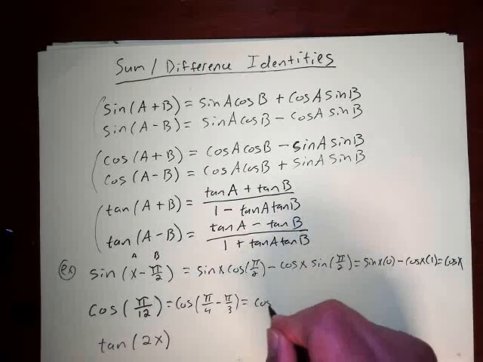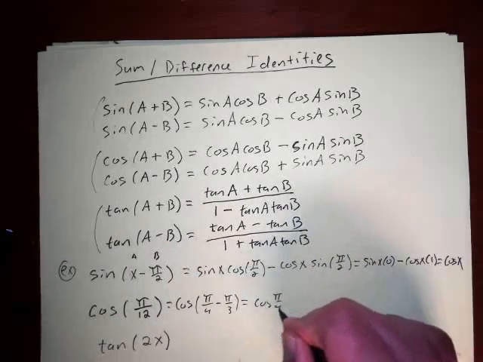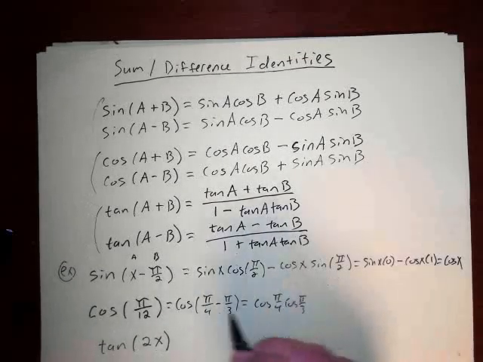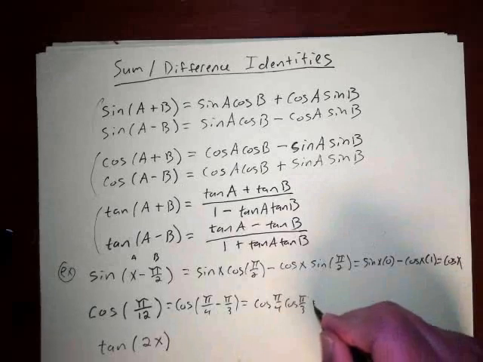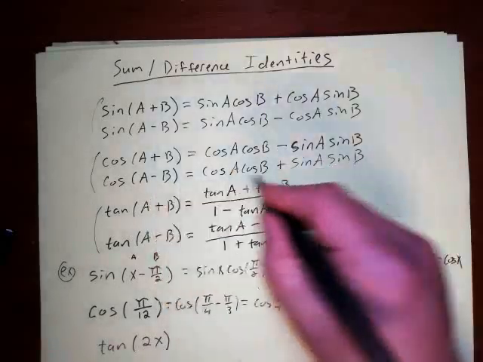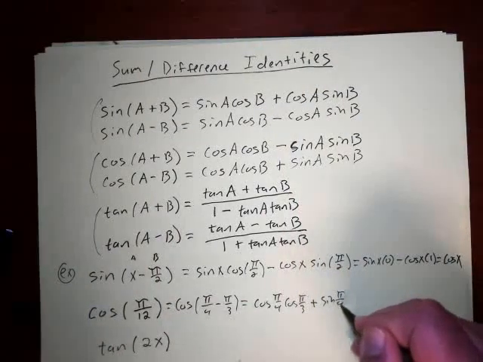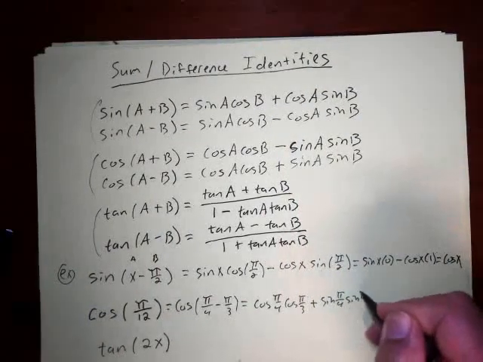So this would be cosine pi over 4, cosine pi over 3. And then this is a minus, so this will be opposite now. It'll be plus. And then I get sine pi over 4, sine pi over 3.